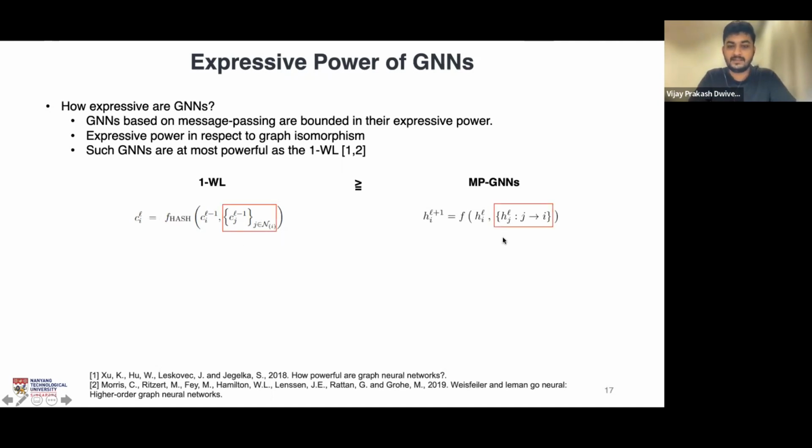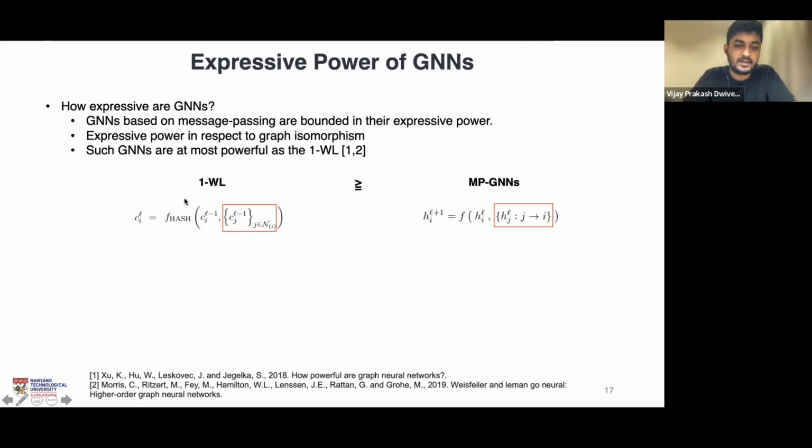If you see both equations, the 1WL update equation for the color of the node and the feature update equation for a node in message passing based GNNs, we see that each has a message aggregation from the one hop neighbors. So the operation being done is the same in both cases, but there's a difference in the function f.